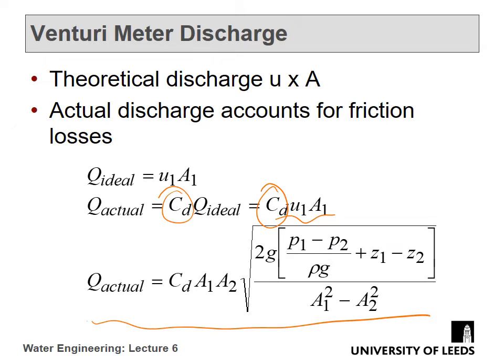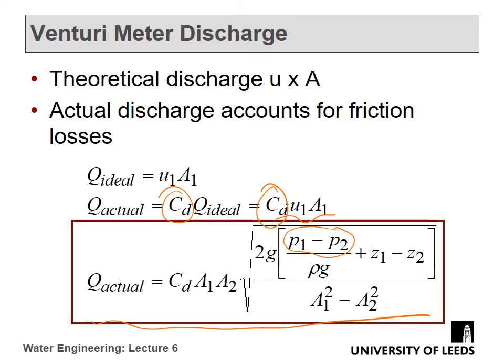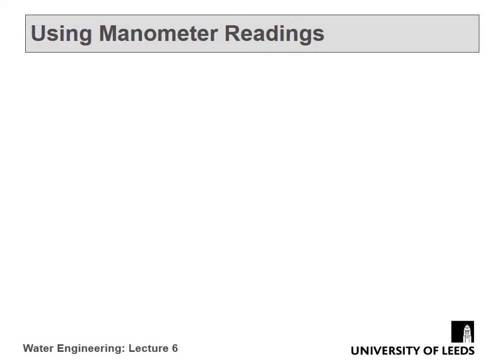So there, just by measuring the pressure difference between the 2 points, we can work out what the flow rate is in a pipe. So very, very handy. There's an equation to use. You'd not be asked to remember that, but you would be asked to use this sort of equation.